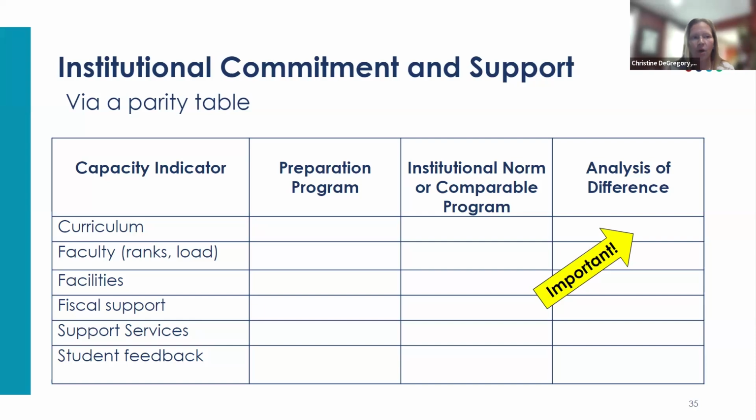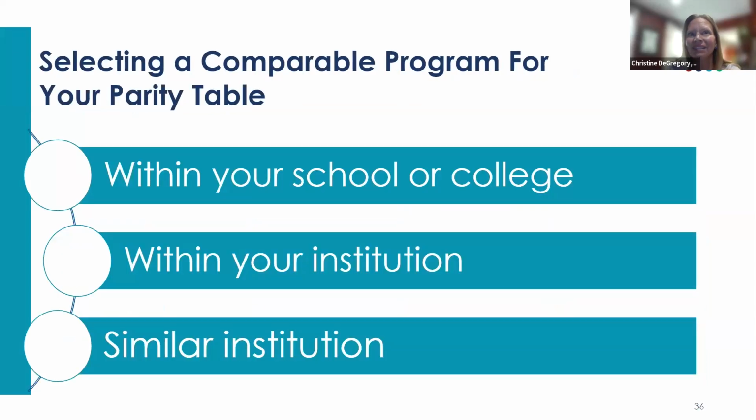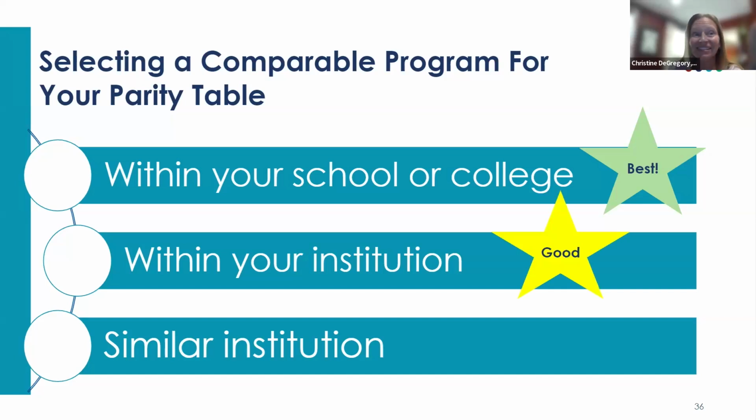Is it across the board, meaning, is it equitable? And then the ability to provide feedback. What's most important here is the analysis of difference. So if you're a very tiny program, sometimes finding somebody else to compare yourself to in your school or college or within your institution or a similar institution is just not possible.